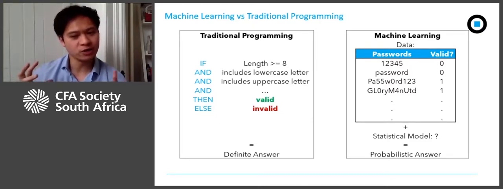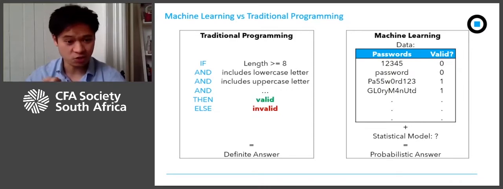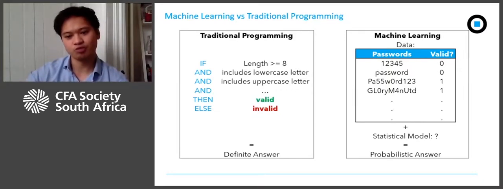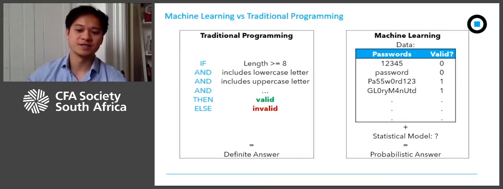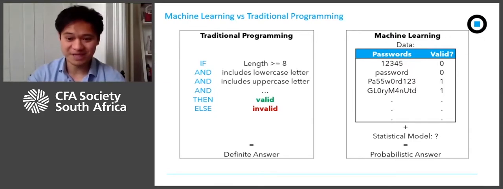So if you combine all of this data with a statistical model, you get a probabilistic answer for whether the password that you entered is valid or not. So in this simple example here, getting a definite answer is better than a probabilistic one, which has some uncertainty, since we have some clear rules, and we prefer a black and white answer on whether those rules have been followed or not.